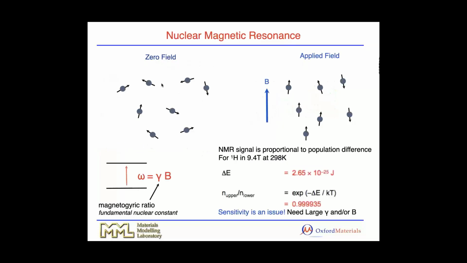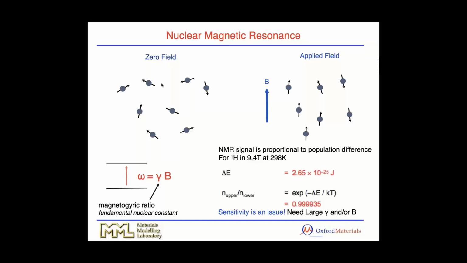Okay, so again, just a little bit of overview of NMR. So if we think of a simple spin a half nucleus, we apply our external B field, we give a tendency for the spins to align with the field. A back of the envelope calculation instantly tells us that NMR is a relatively insensitive technique.